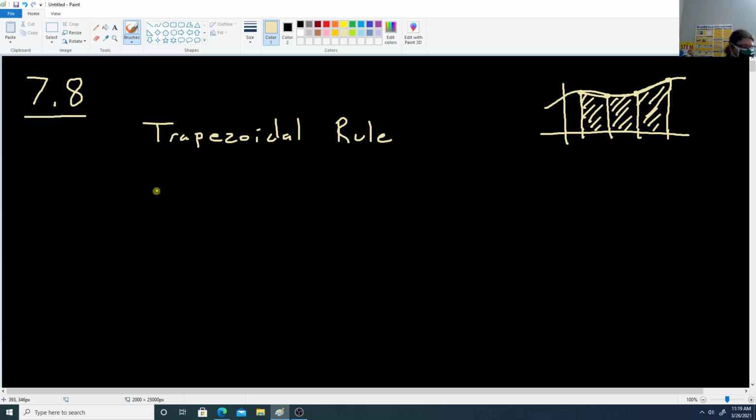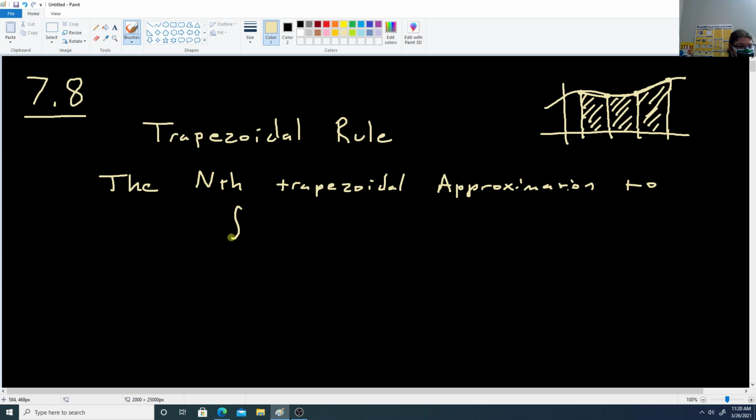So for the trapezoidal rule, we say the nth trapezoidal approximation to the expression integral a up to b of f of x dx is, so we get Tn to represent trapezoidal approximation, and the n tells you how many bars you're going to break it into.